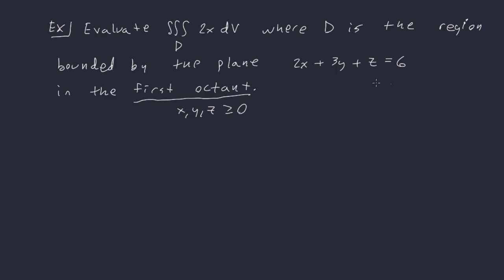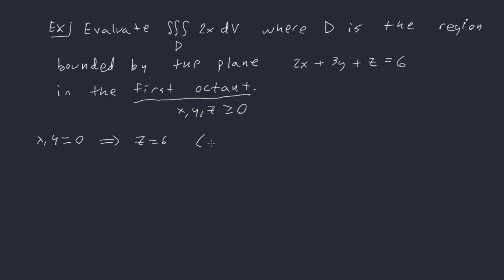Okay, so I found the quickest way to do this, if I want to graph, is, well, we can find the traces, but I like to find the points. Basically, I like to set x and y equal to 0, which then gives me z equals 6.